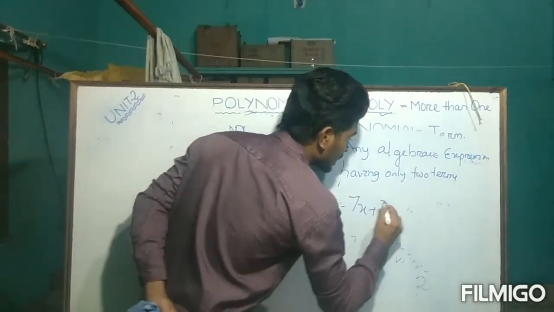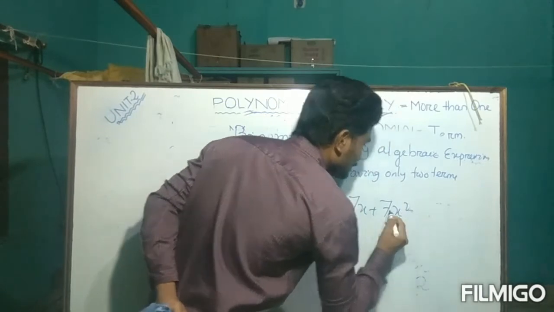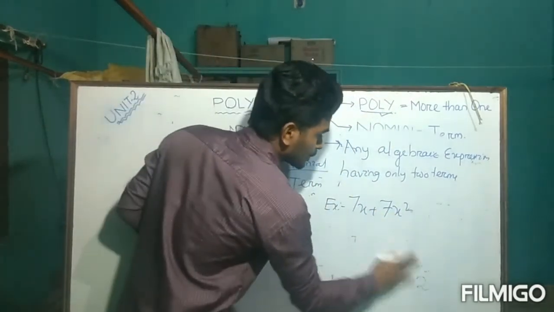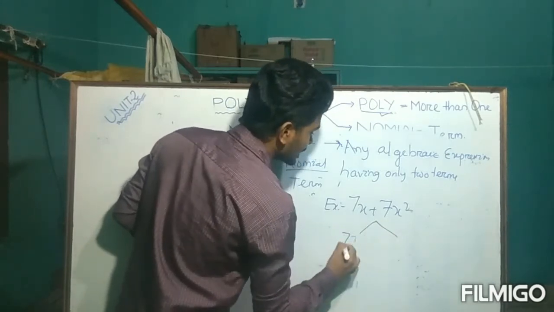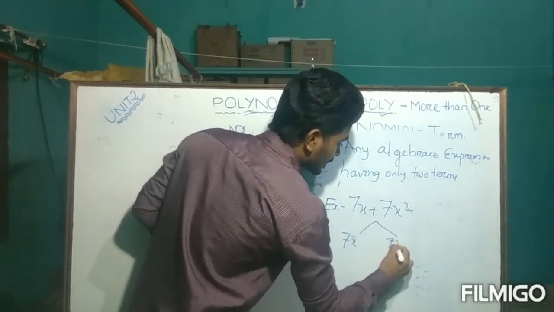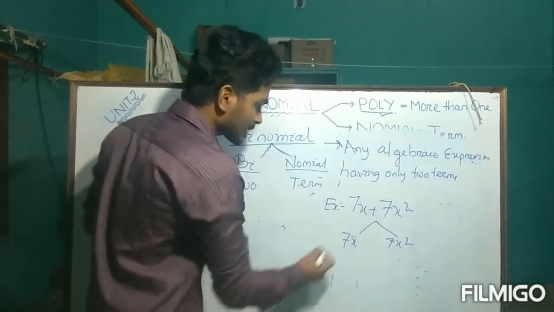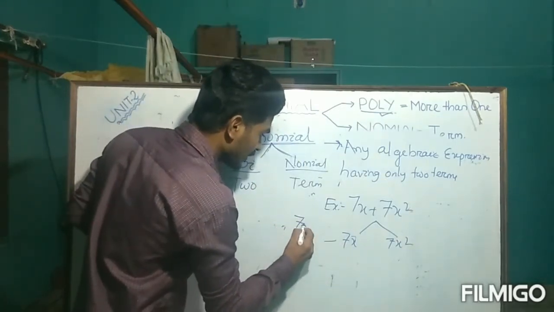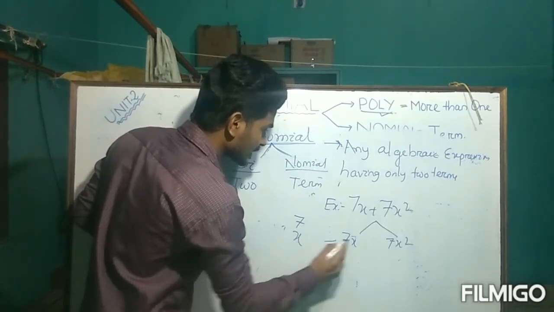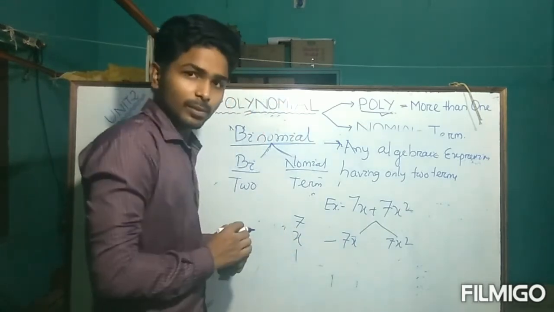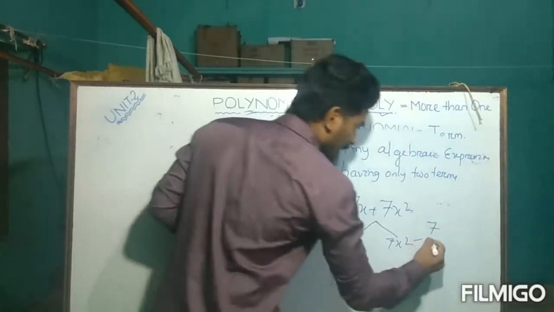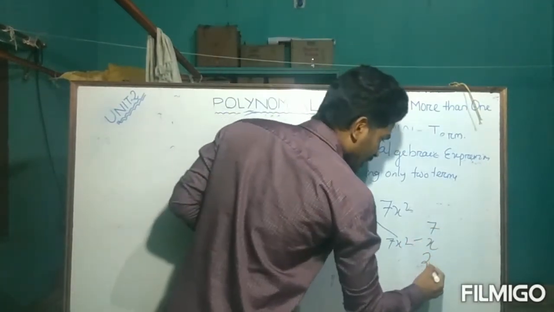7x plus 7x squared. Here we have two terms. One is 7x and the other is 7x squared. In 7x, we have coefficient 7, variable x and exponent 1. Yes or no? Yes. In the other, coefficient 7, variable x and exponent 2.